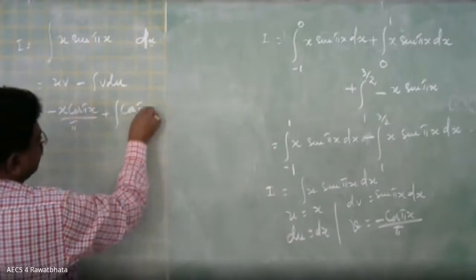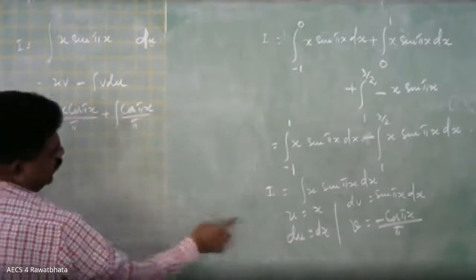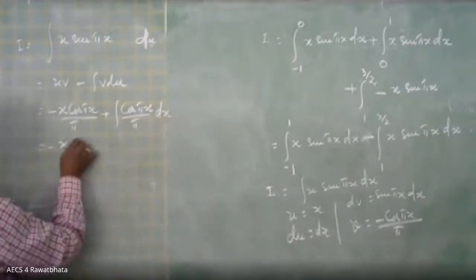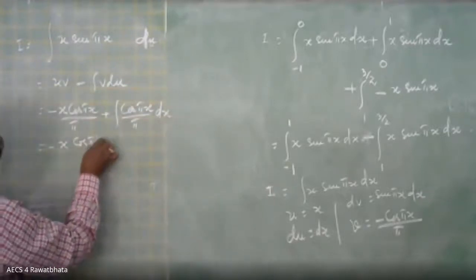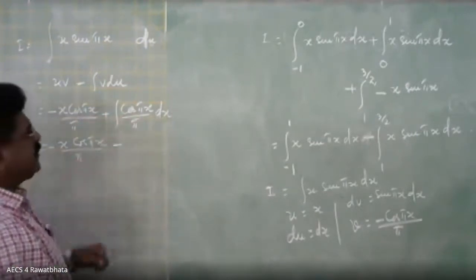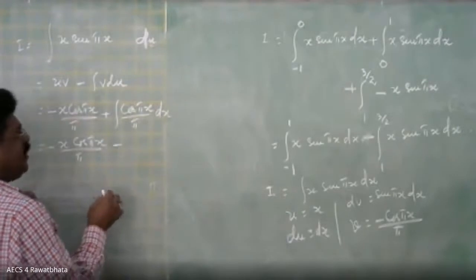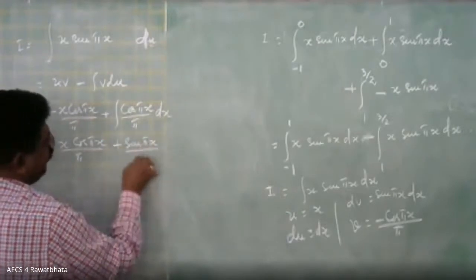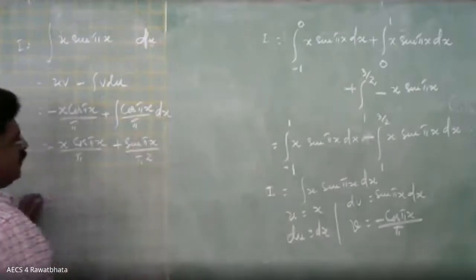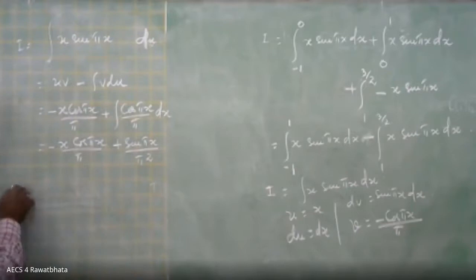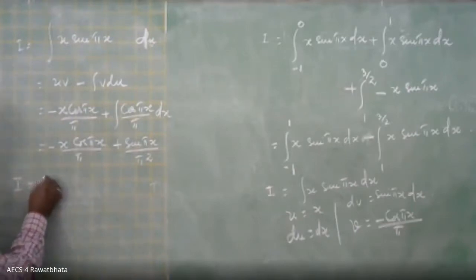Cos pi x upon pi. du is dx. So this is equal to minus x cos pi x upon pi, and the integration of cos is sine pi x upon pi squared.